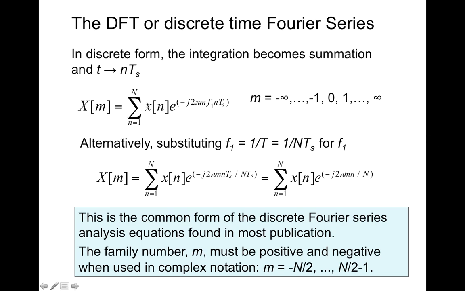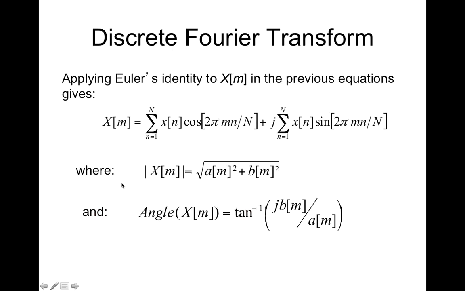So you go from an n variable, which represents time, to an m variable, which represents frequency. And so for the discrete Fourier transform, applying Euler's formula, you could get to a sine and cosinusoidal form if you wanted to, but this is usually not done.